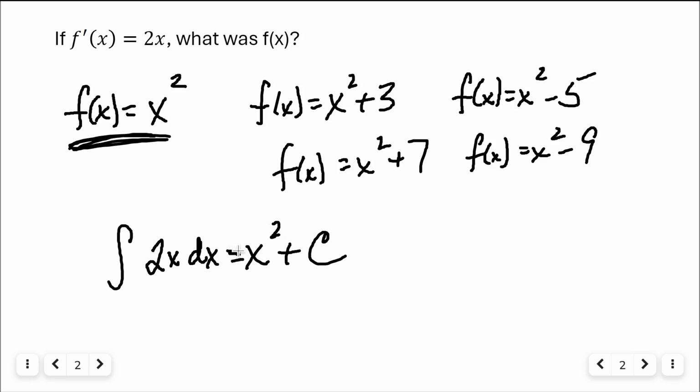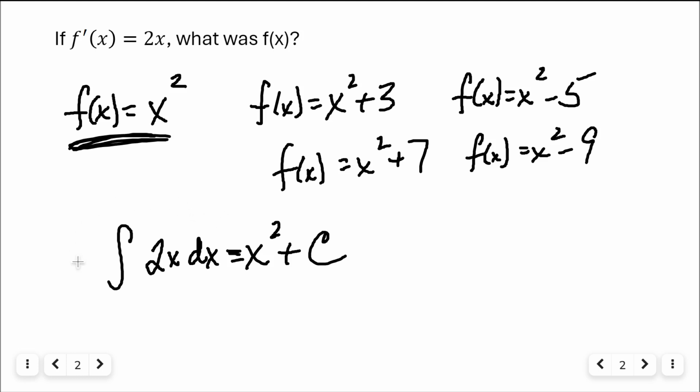That's how we would write it: if the derivative is 2x, the one before it is x squared. Okay? This sign here is called the integral sign, or antiderivative. We're going backward one step. And then this is what we would write to represent this process.